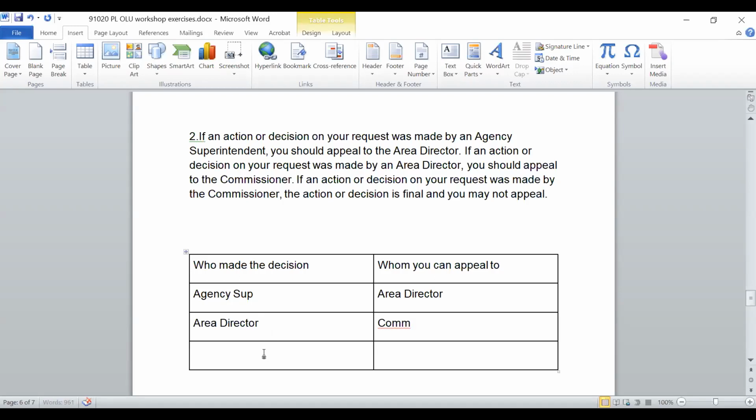But if the commissioner made it, no appeal. So the whole point is not to rephrase the example, but to see how it turns into a table. Sometimes you can see that sort of thing with a workflow, which is what this essentially is.